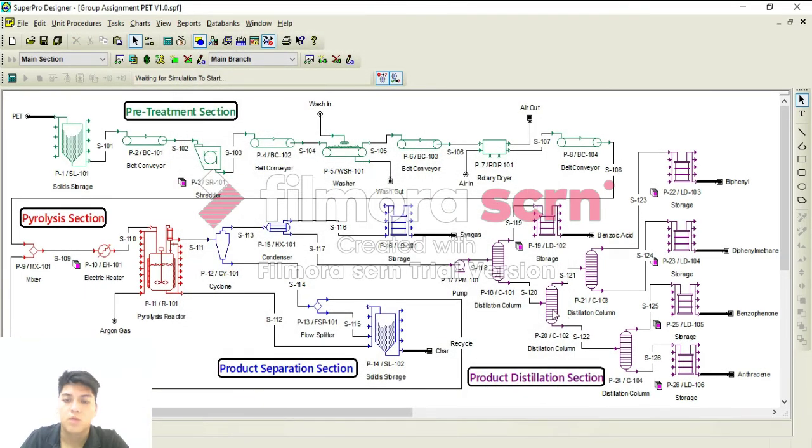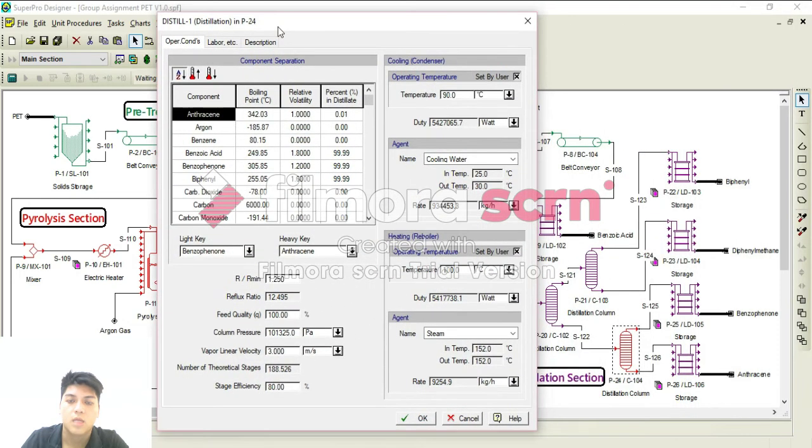Meanwhile, the bottom product of the second distillation column will enter the fourth distillation column to further separate benzophenone from anthracene. In this distillation column, benzophenone was set to be the light key, whereas anthracene was set to be the heavy key.